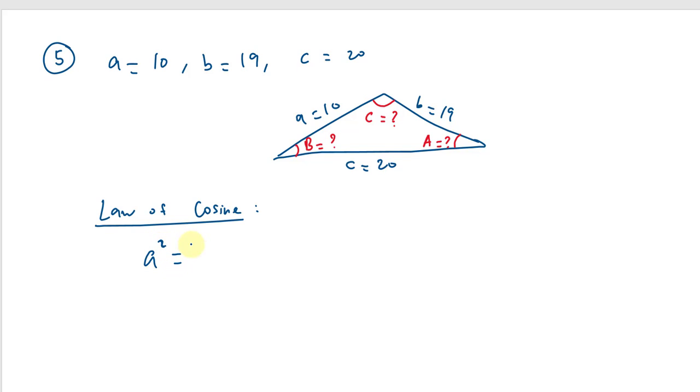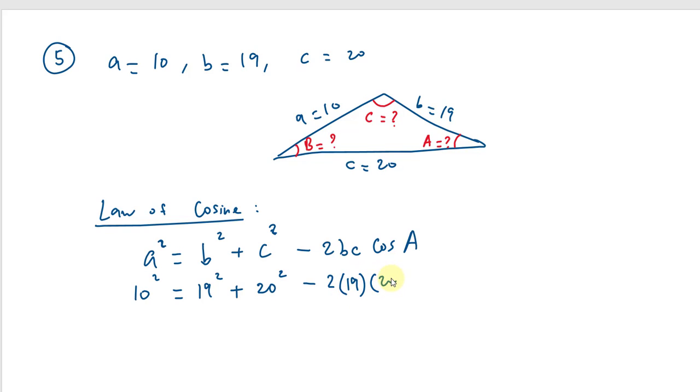Anytime you are given all the sides without the angle, we can use the law of cosine. a squared equals b squared plus c squared minus 2bc cosine of this angle, which is A. Now we know a, b, c, so we can figure out the angle A. So a squared, which is 10 squared, equals b squared, 19 squared, plus c squared, 20 squared, minus 2 times b, which is 19, times c, 20, and then the cosine of A.